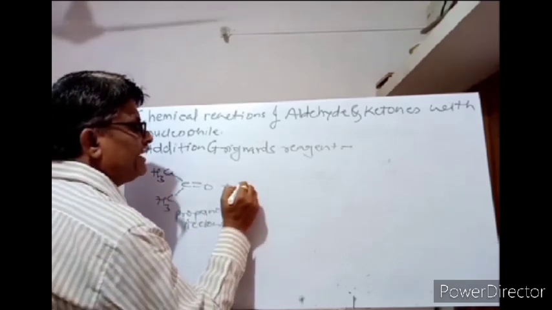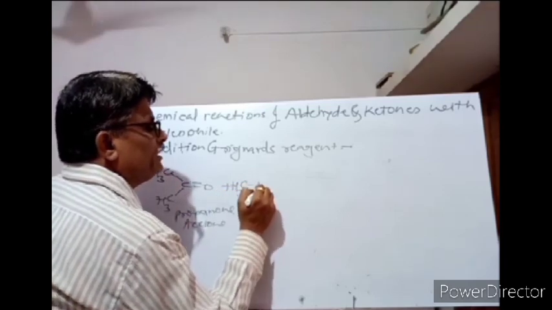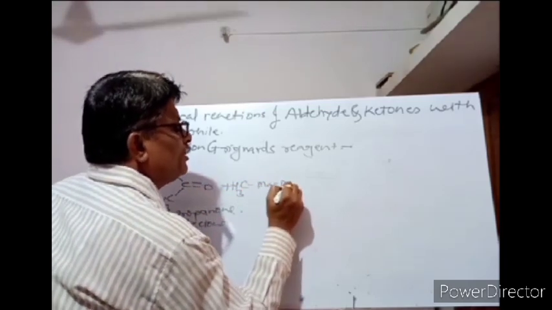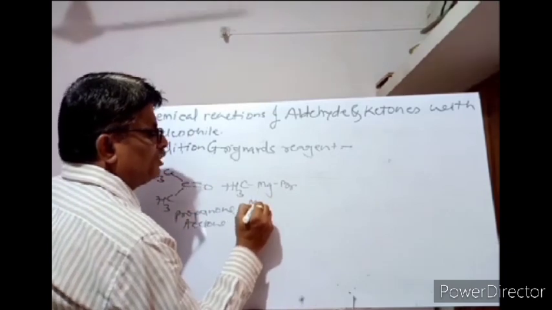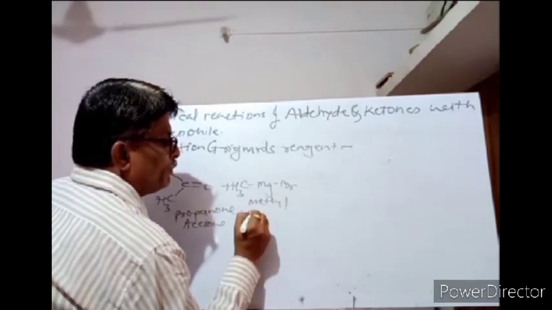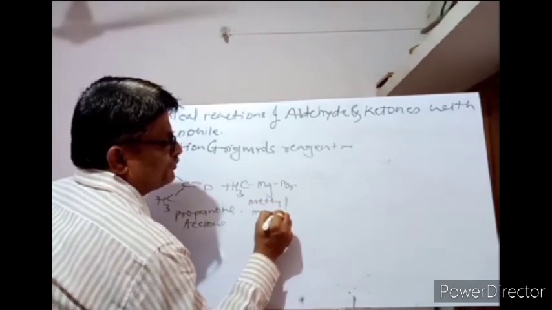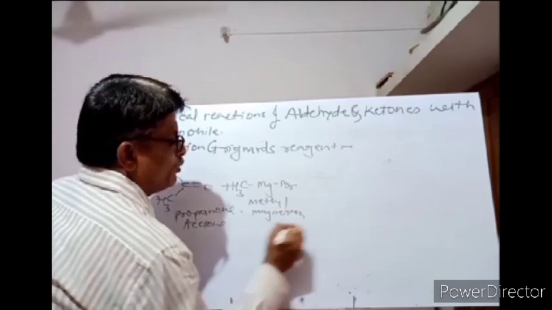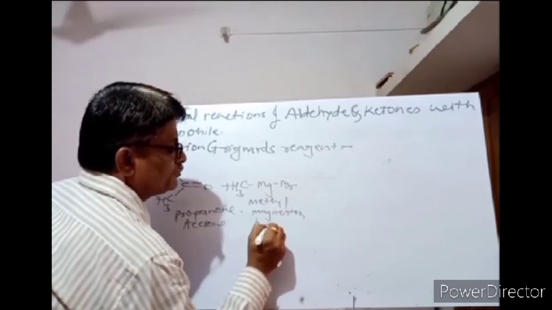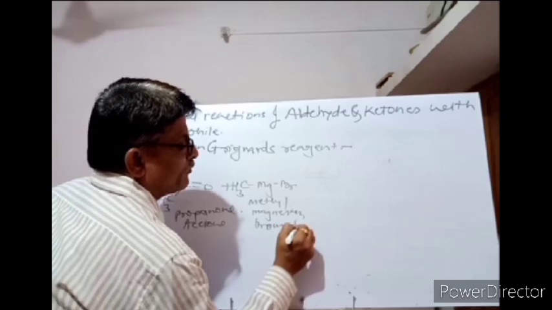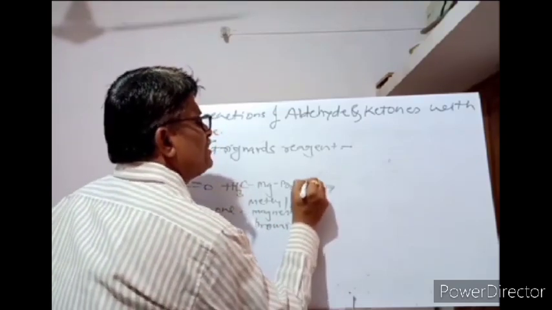With a Grignard reagent, here CH3 MgBr, again our methyl magnesium bromide, in the presence of dry ether.